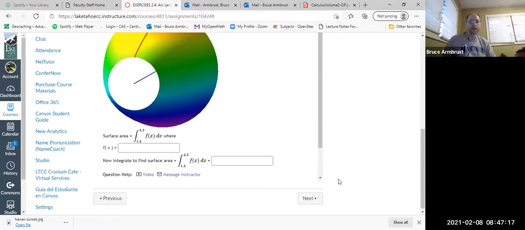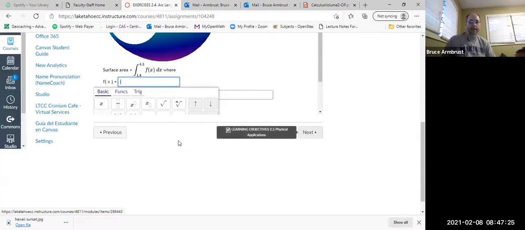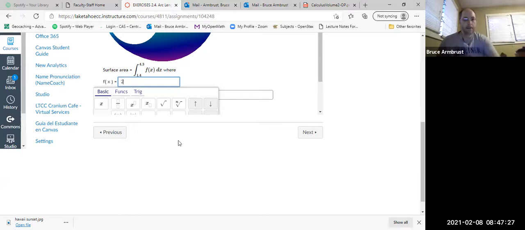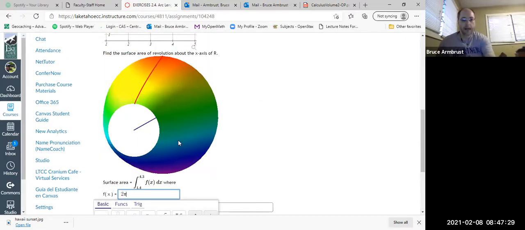Okay, so the surface area, our answer now, of course, goes down into this box. But then it says, what are we integrating? Well, what we're integrating would be all the stuff that was in there. So it would be the 2 pi times the r, which was, maybe let me combine them.